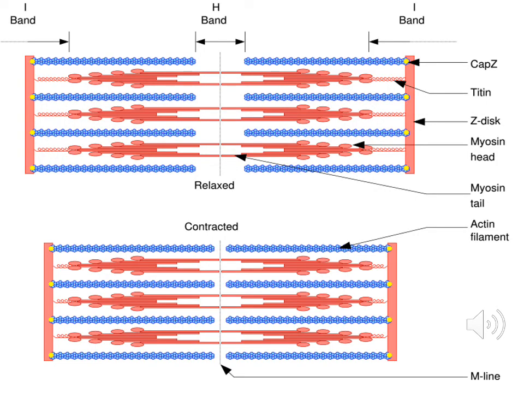Just to emphasize again, the difference here between a relaxed sarcomere and a contracted sarcomere. We can see the H band being the distance between the two thin filaments of the sarcomere, right in the middle. We've got a visible H band at the top when the muscle is relaxed.